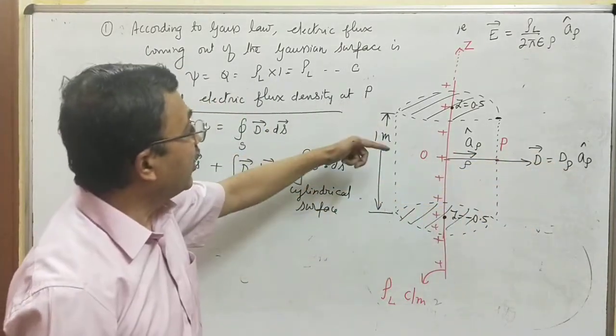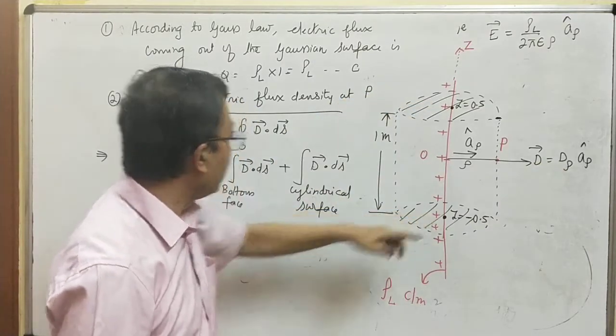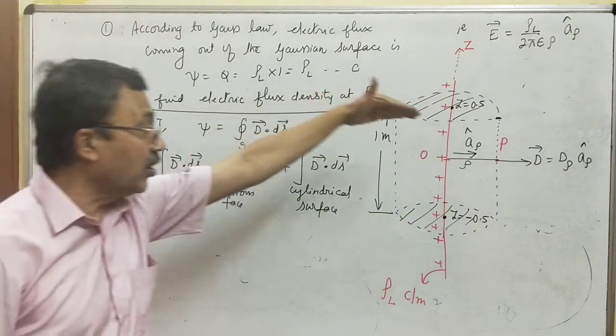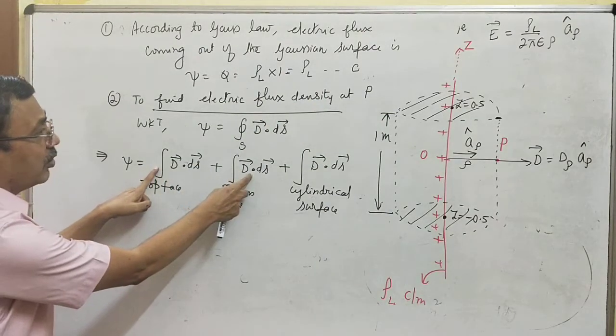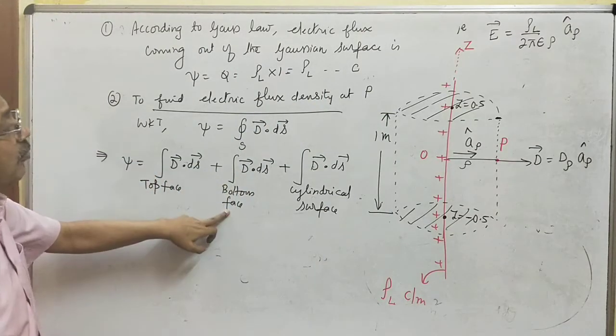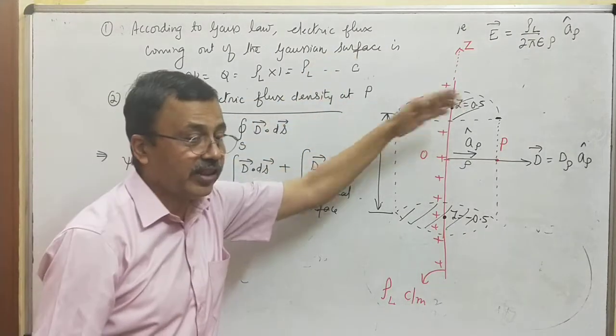Now you see, vector D is in rho direction. That means it is tangential to top face and bottom face. When vector D is tangential to a surface, that integral will vanish. These two integrals are 0 because to the top face and bottom face, vector D is tangential.